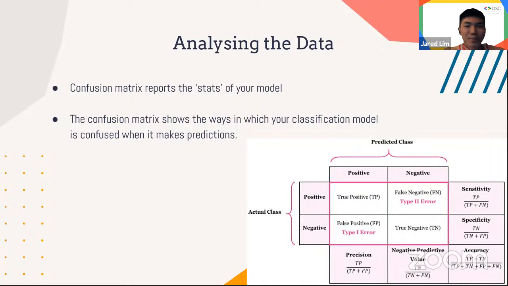That's why it's called the confusion matrix. I'm sure if you have taken statistics or any kind of math, you have probably seen it in your textbook as well. Essentially, it's these four values: true positive, false positive, false negative and true negative. And then there are the associated formulas with it.